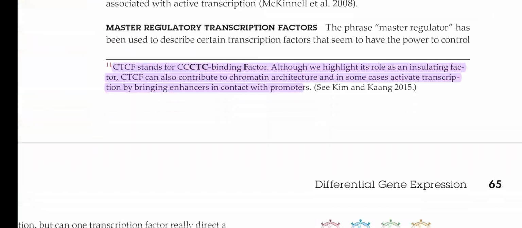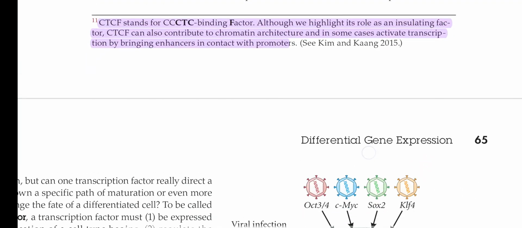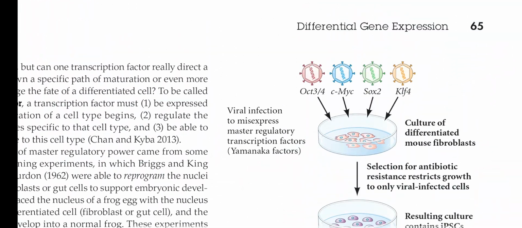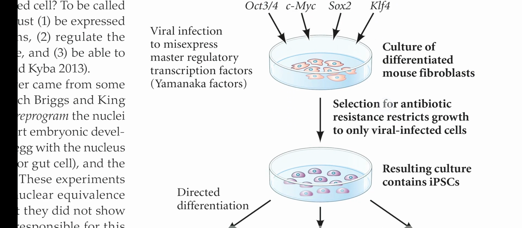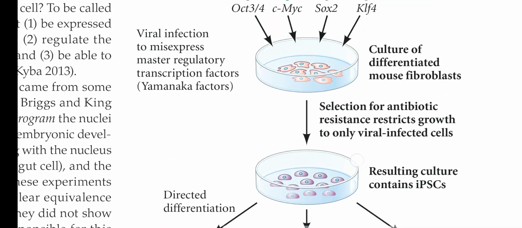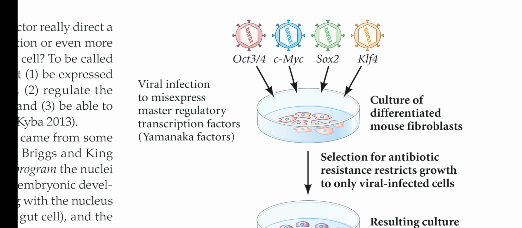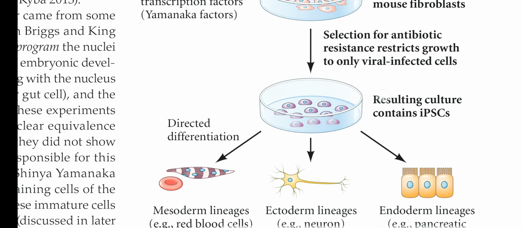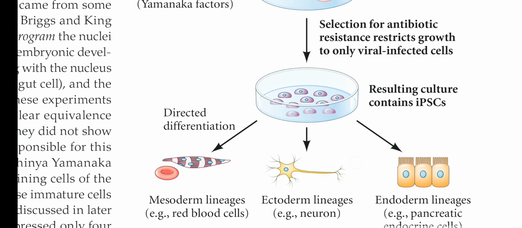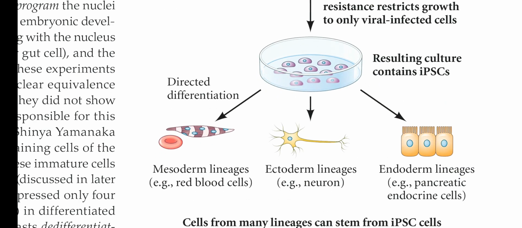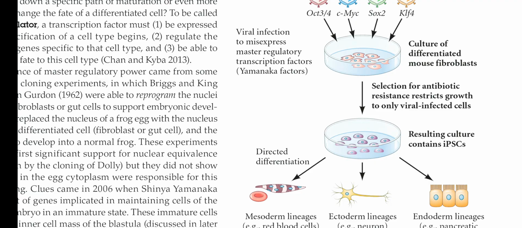Next is some normal experimental approach with different culture media, with different bacteriophage mediated transcription factors being transformed, which gives rise to different kinds of cells from a single type of cell: ectoderm, mesoderm, endoderm, from single mesodermal derivative cells, fibroblast cells.